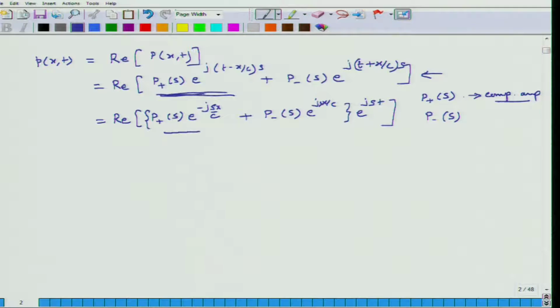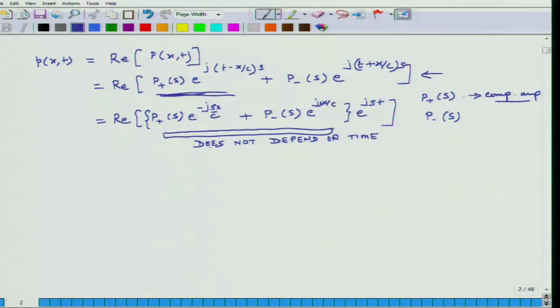So this entire term does not depend on time. It is only dependent on frequency and the position of the wave.